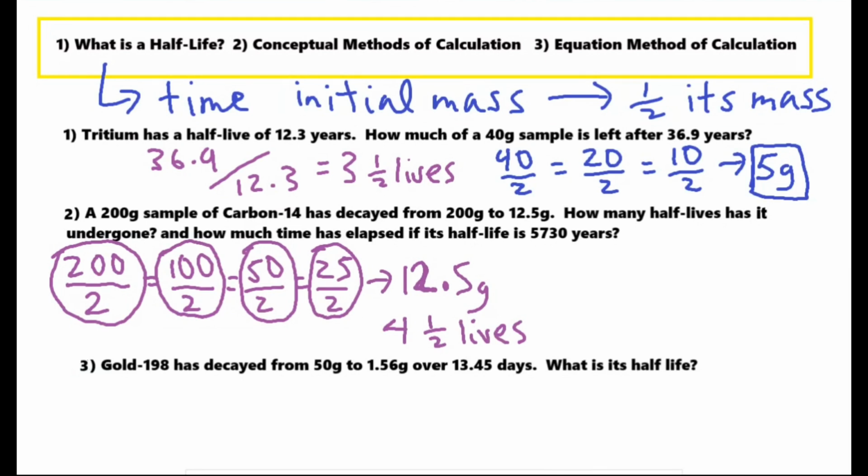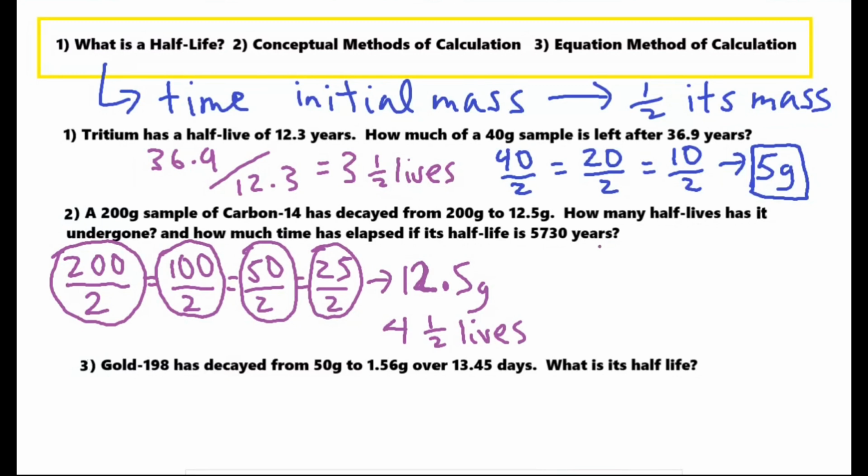All right, after I took 200 and divided by 2 4 different times, that took me to 12.5 grams. So I know that 4 half-lives occurred. So I solved for my first part. Second part is going to be pretty simple. It says how much time has elapsed if its half-life is 5,730 years.